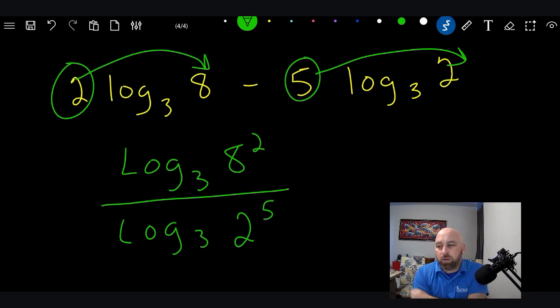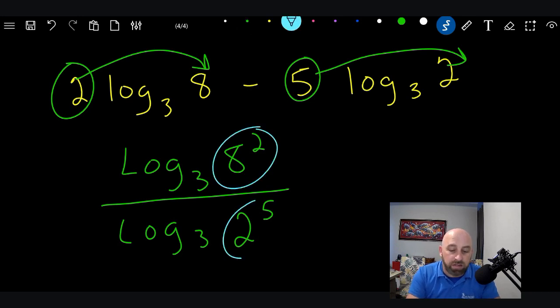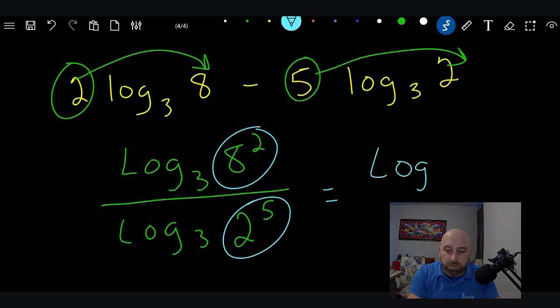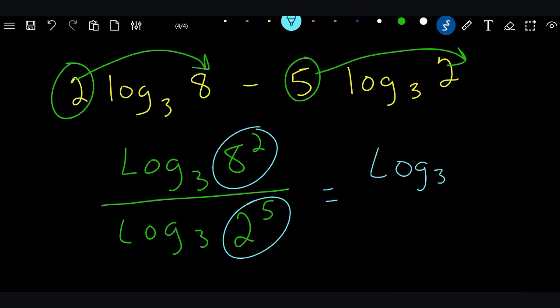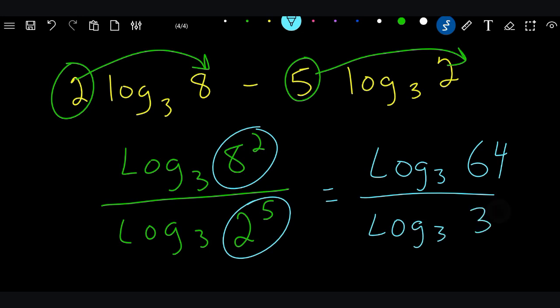All right, now what's important that we do right here is we need to solve these two. We need to do what we can do. In other words, that's going to be log 3 of what's 8 squared? 64 over log 3 of 2 to the 5th, which is, I think, 32. Yeah, 32.